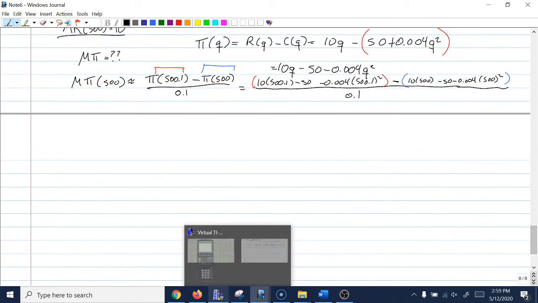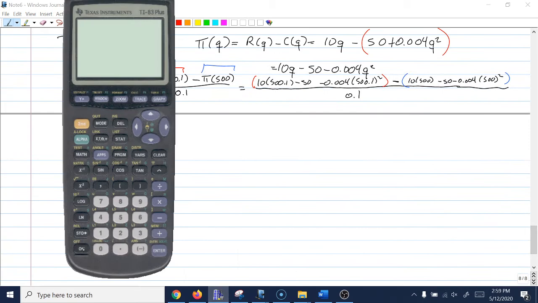This is going to be rough to stick in a calculator. Give me 10 times 500.1 minus 50 minus 0.004 times 500.1 squared. That's the first part.